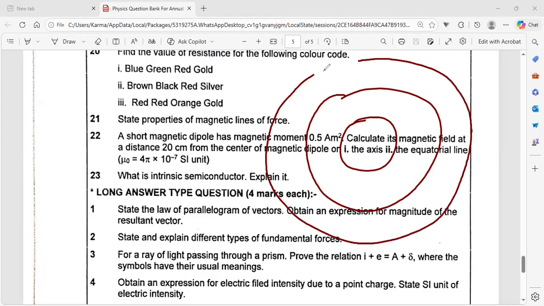Even if he is sitting in the cabin, he will come out and say, let's go, don't bother me, I'll take your checks. That is intrinsic semiconductor. If the potential increases beyond a certain value, or the temperature increases, the stable electrons start conducting heavily. It's known as intrinsic semiconductivity.